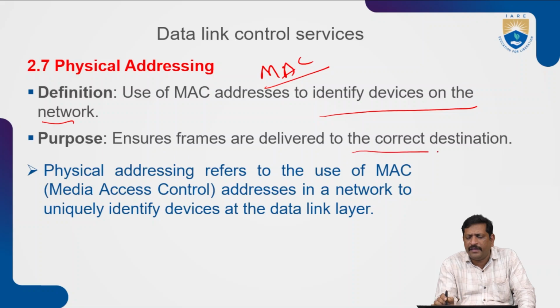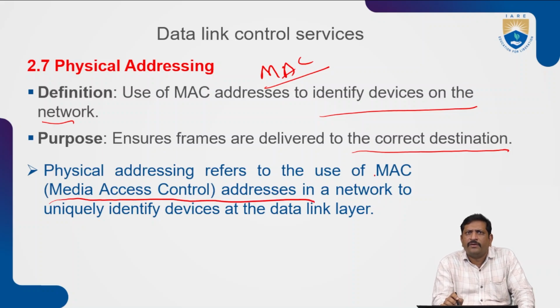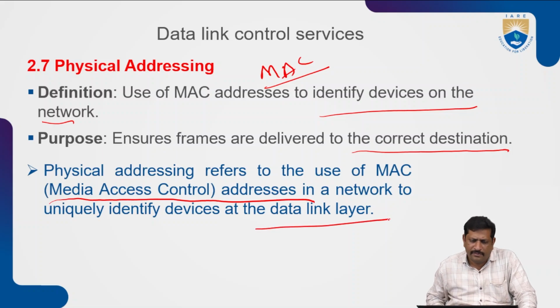By identifying the device, the data can be transferred to the exact, correct destination. Physical addressing refers to the use of the MAC address, the medium access control address, in a network to uniquely identify devices at the data link layer.